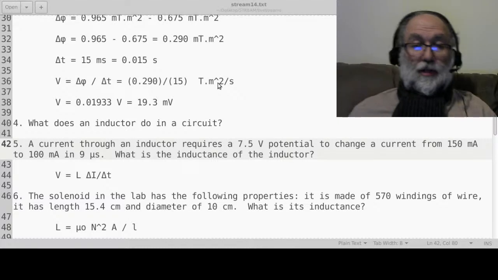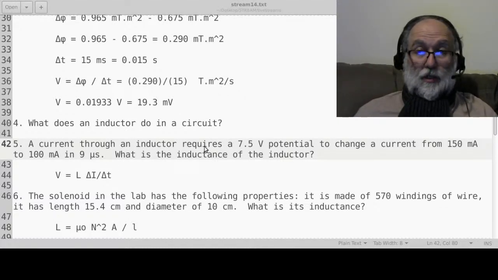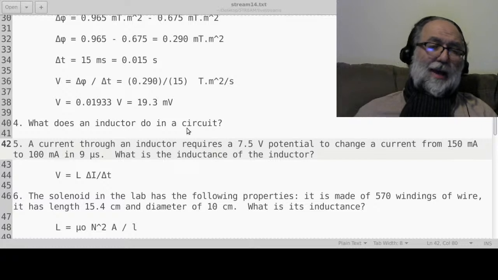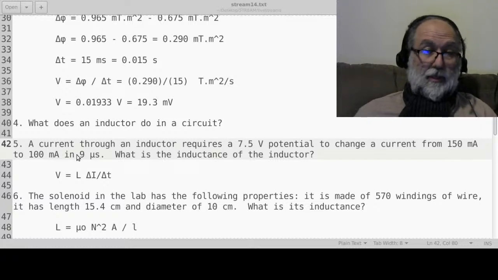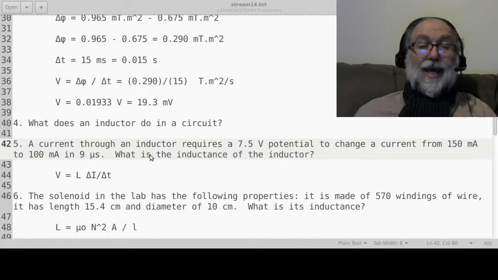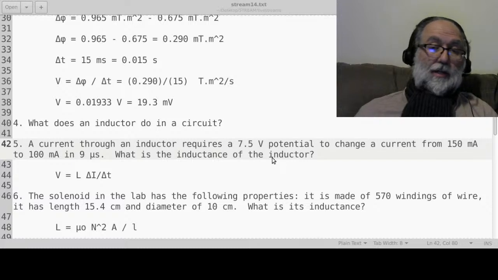Okay, that reads a lot better. Sorry about that. I should have reread my own question. So a current through an inductor requires 7.5 volts to change the current from 150 milliamps down to 100 milliamps in 9 microseconds. What is the inductance of the inductor?